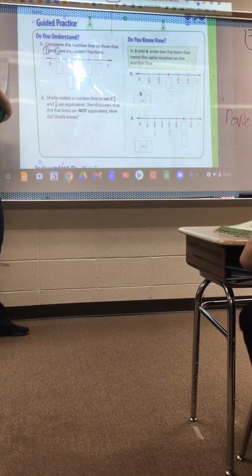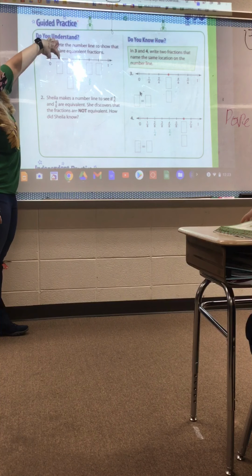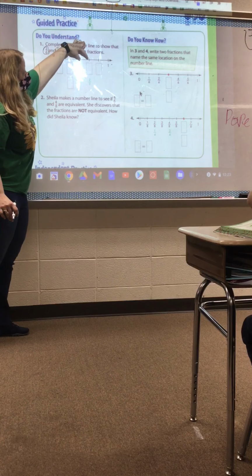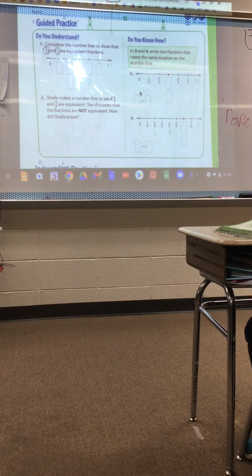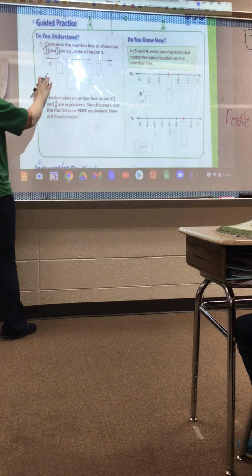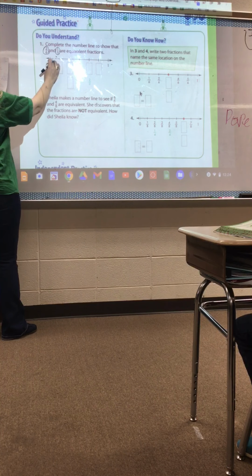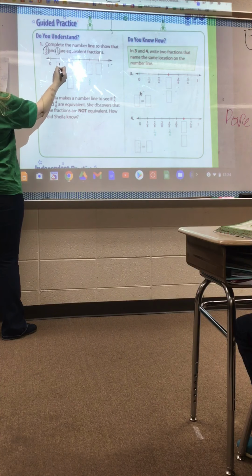But remember, we always have one less tick, because we're actually counting the space here. So you have 1, 2, 3, 4, 5, 6 spaces to get to the whole, okay? Does that make sense?